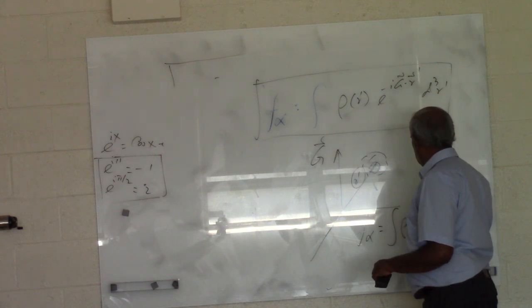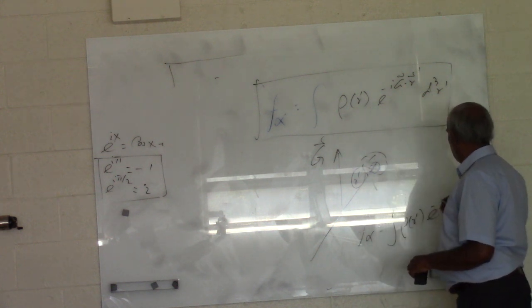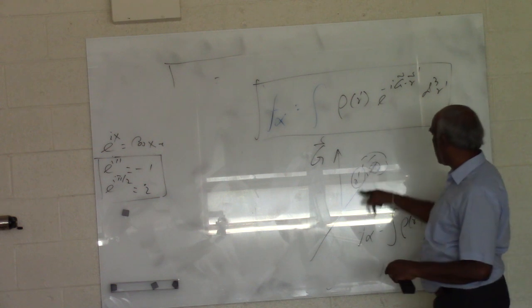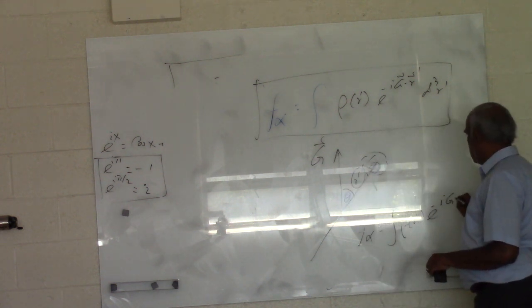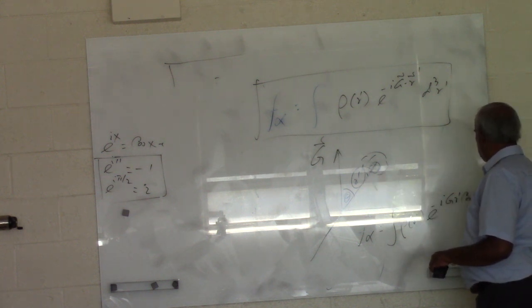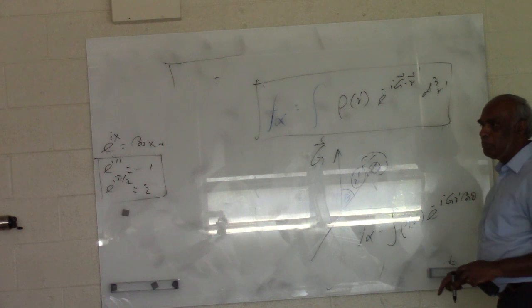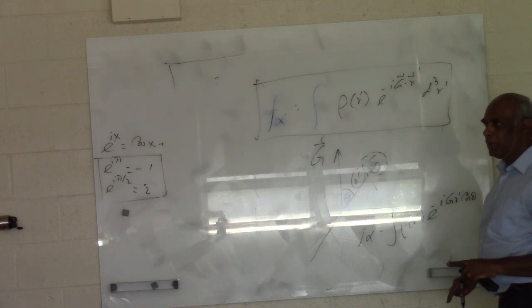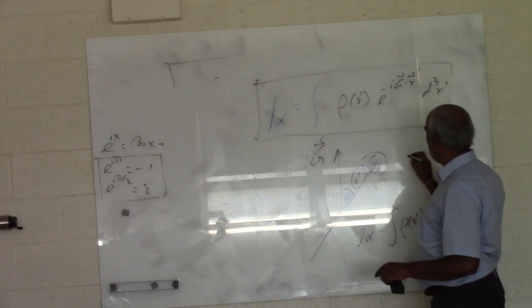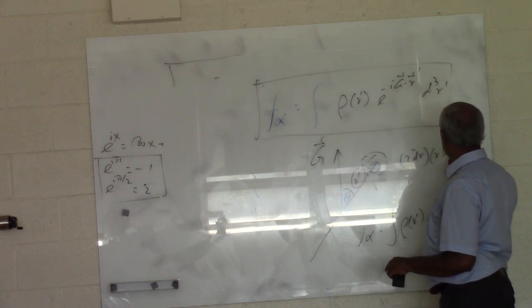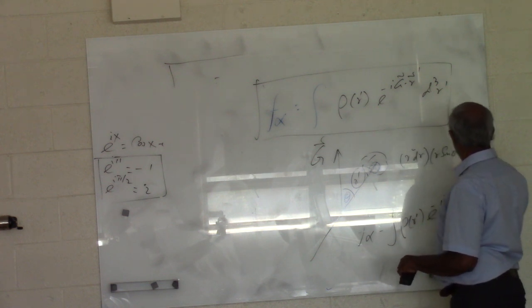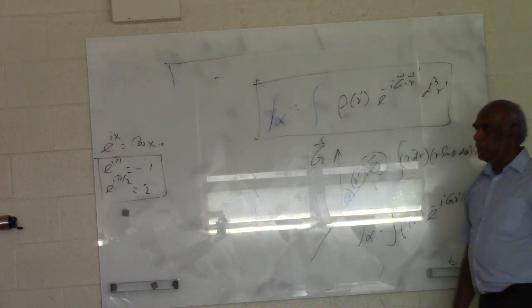Rho(r') e to the, what do you get here? G·r' involves this theta, right? Then you get minus i G r' cosine theta. Then what is d^3r'? In spherical coordinates, you have r'^2 dr' times sine theta d theta d phi.